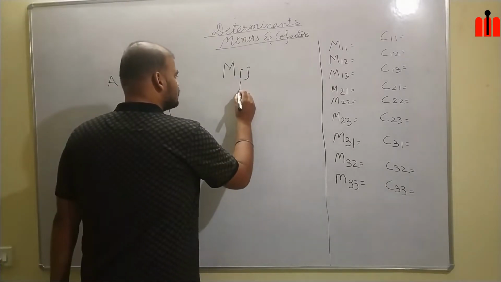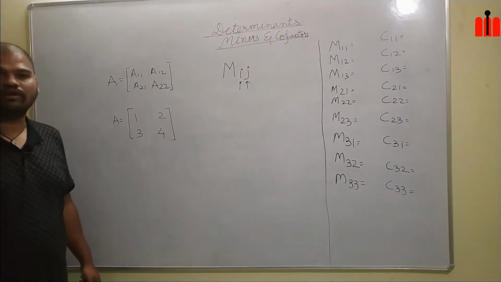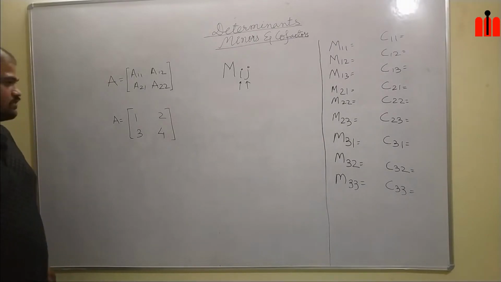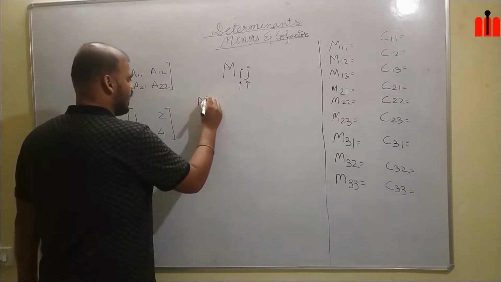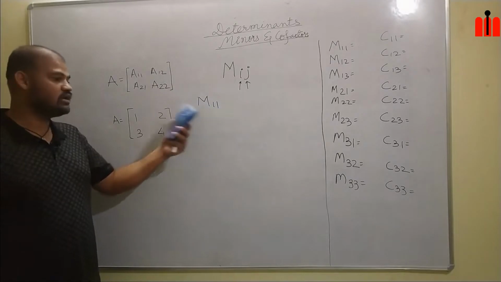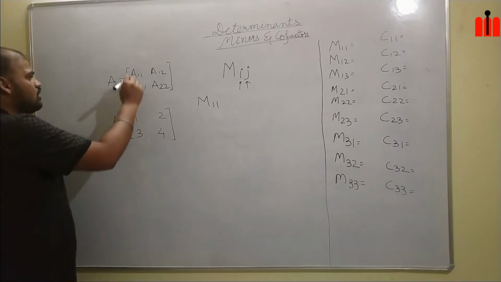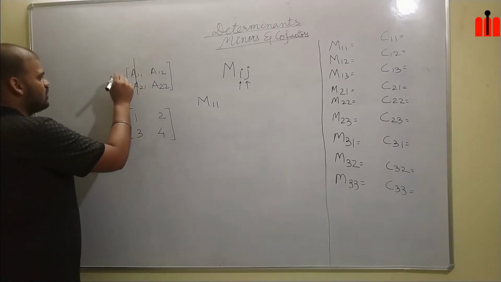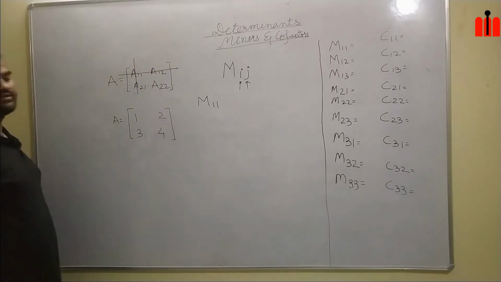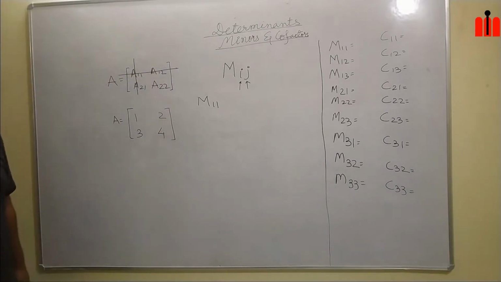For Mij, we need to strike out the ith row and jth column in that matrix. Suppose I have to find M11. My row number is 1 and column number is 1. So I have to strike out my row number 1, this one, and my column number 1, this one.